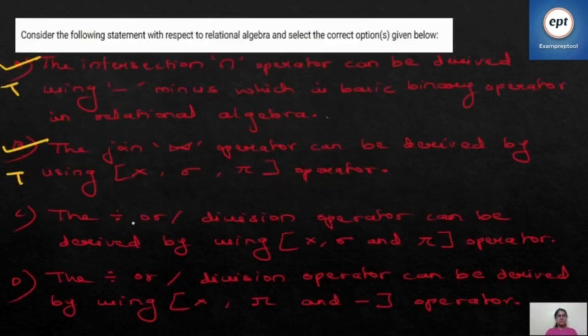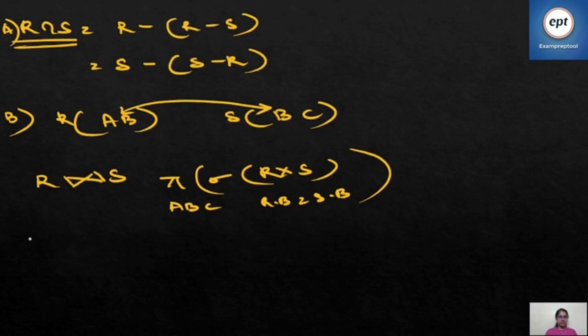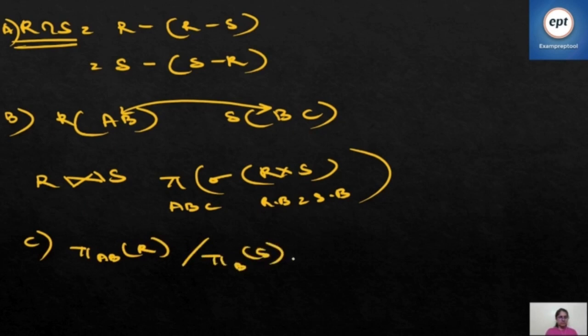Option C says the division operator can be derived using cross product, selection and projection operators. Let's see if we really require all these three. Suppose we take the projection of AB in relation R, divided by the projection of B in relation S. How will we do this?